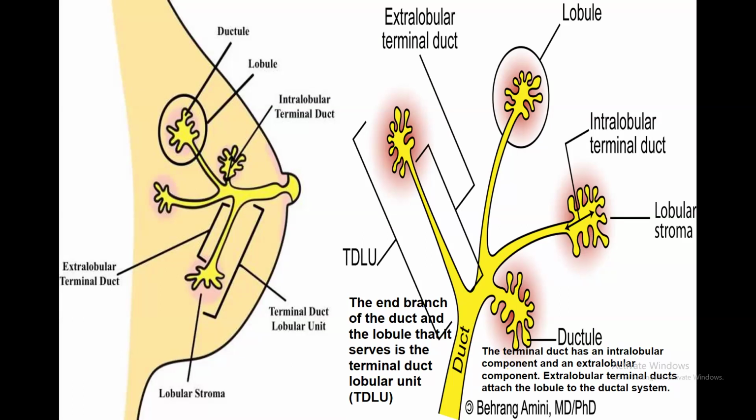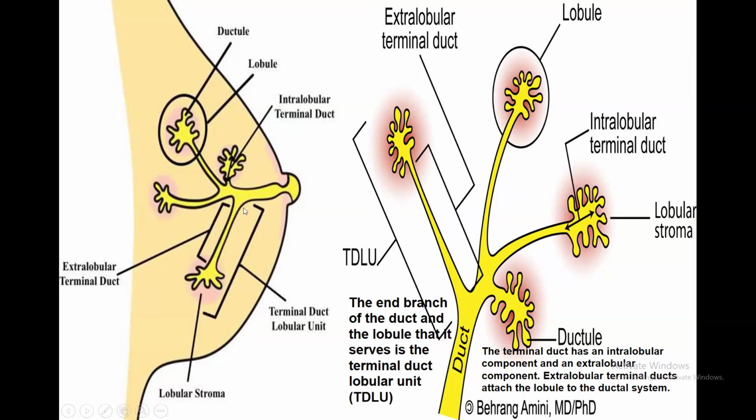And the lobule, see, contains the intralobular terminal duct, the extension of the extralobular terminal duct, and ends in these blind-ended ductules, okay, which are acini. And this part, the terminal duct lobular unit, is the functional unit of the breast, and why it is important, most of the breast diseases arise in a terminal duct lobular unit.